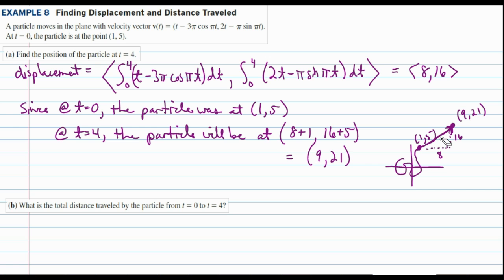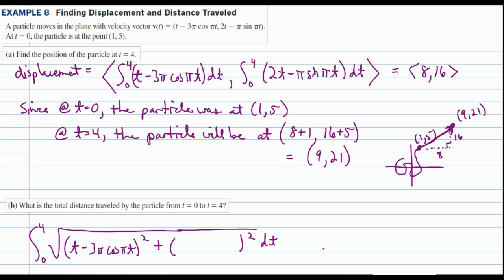Now, what was that total distance traveled by the particle? Well, I'm going to use the arc length formula for that. Again, integrating from 0 to 4. The horizontal parameter for velocity stays the same, t minus 3 pi cosine pi t, and then square it, plus the vertical parameter of velocity, 2t minus pi sine pi t, and then also squared, square root of the sum of those.